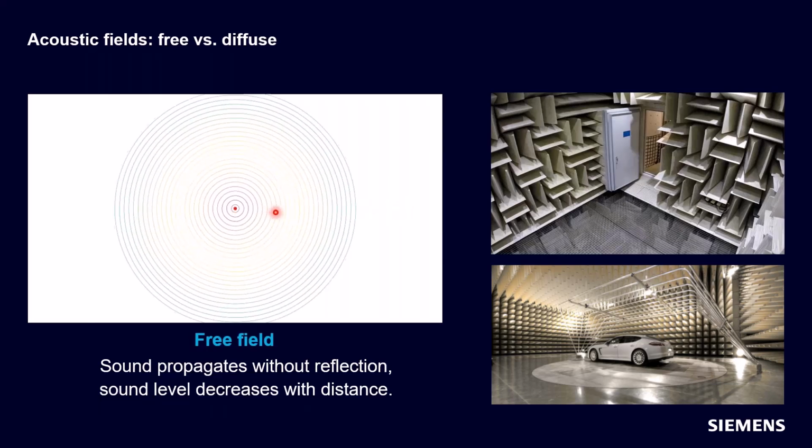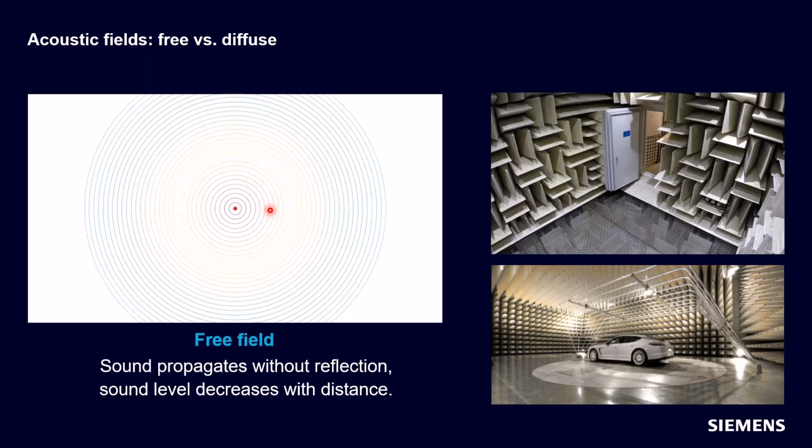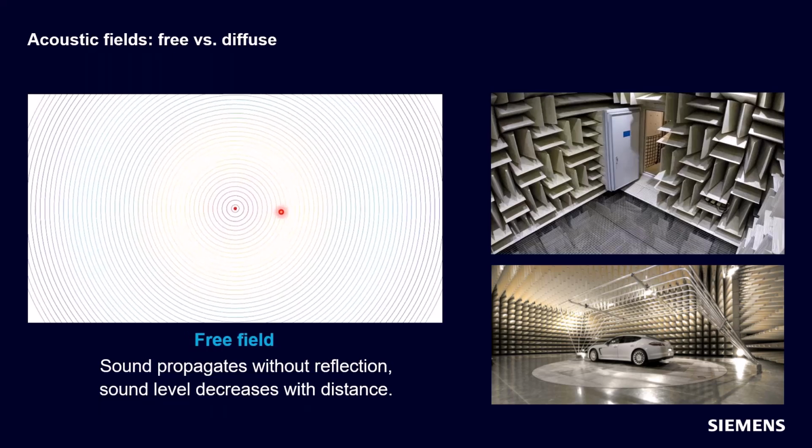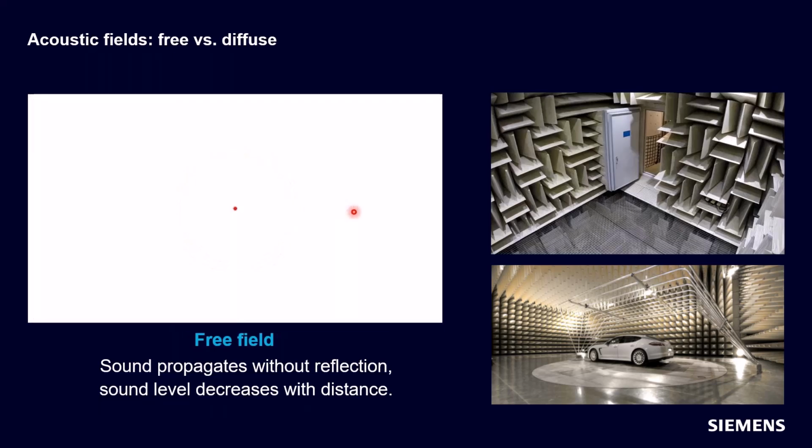And in a free field, the general rule of thumb is for every doubling of distance that we move away from the sound source, we have a decrease in half of the sound pressure level. So in a free field, the big idea is the sound is propagating without reflection.